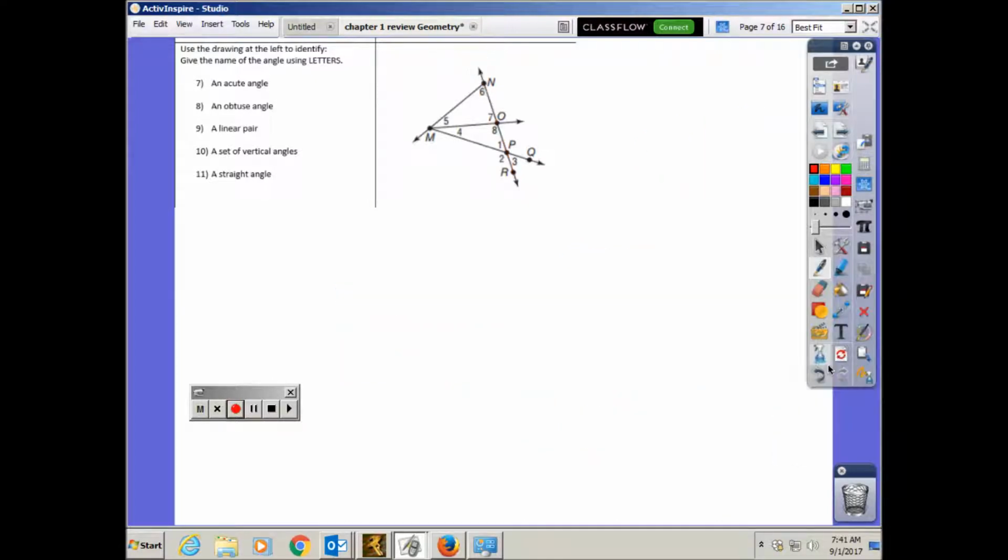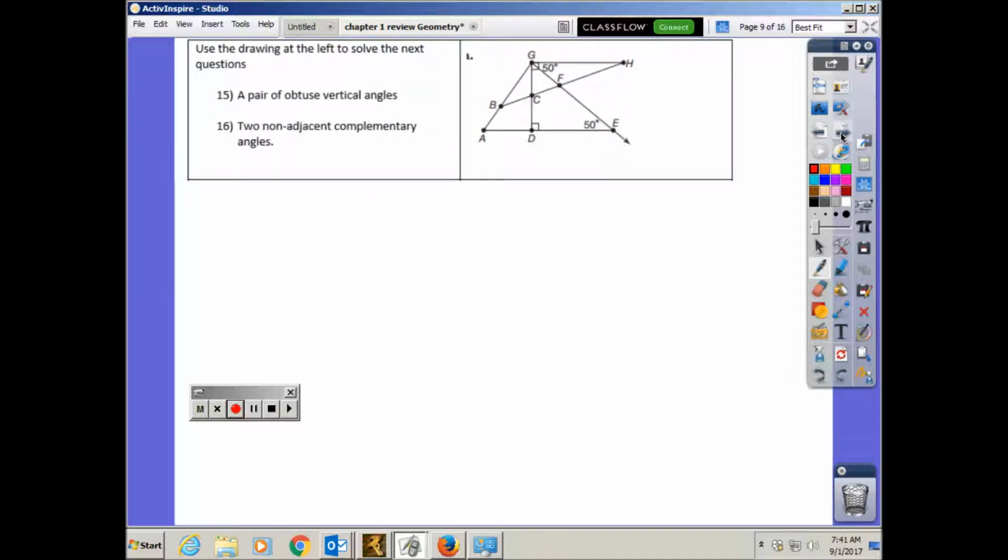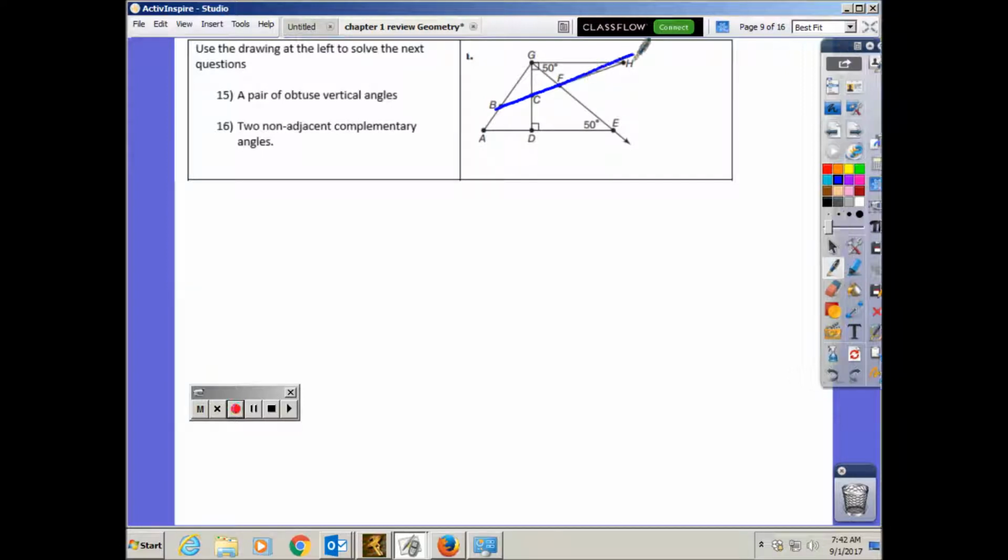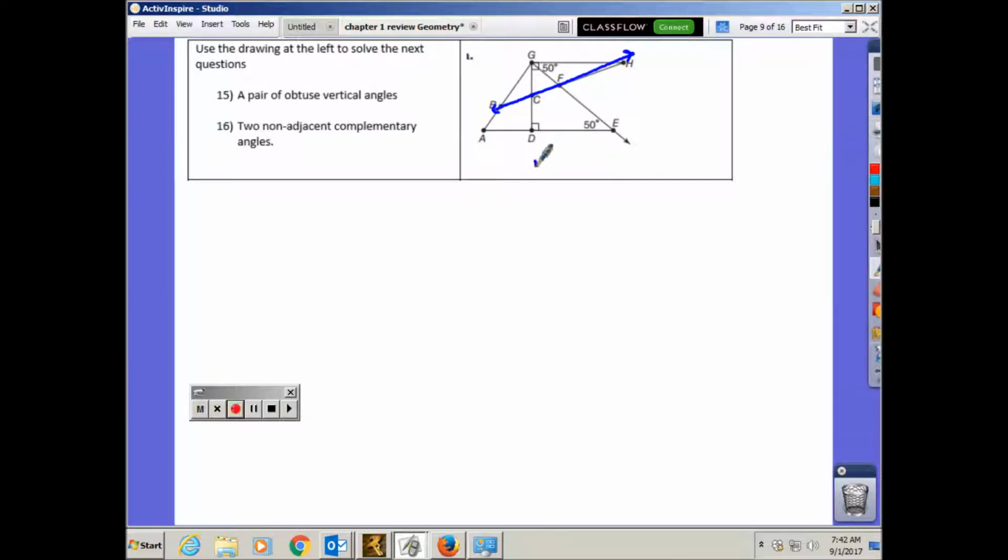I think we have a few others on here that also deal with identifying angles, so let's talk about that. Use the drawing at the left to solve the next questions. A pair of obtuse vertical angles. When I said earlier, when I have vertical angles, usually I have one set that's acute and one set that's obtuse. So I'm going to first find a set of vertical angles.